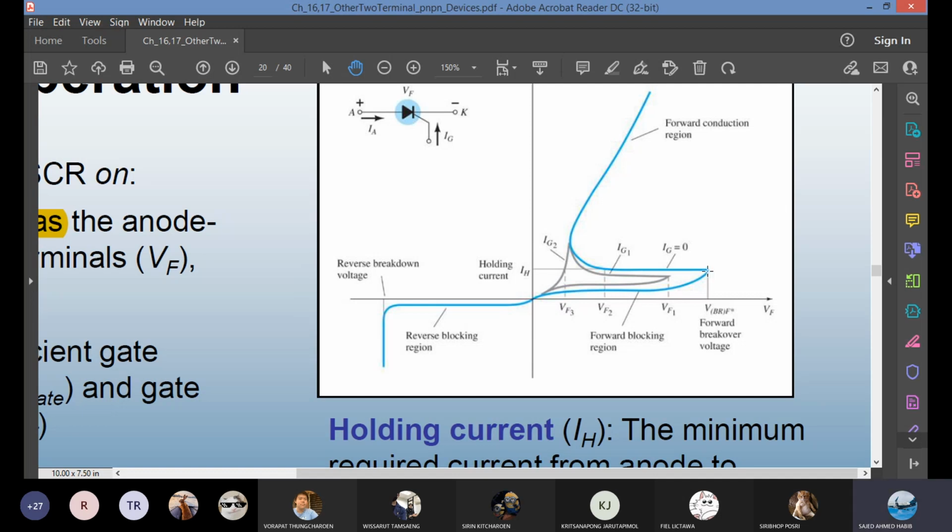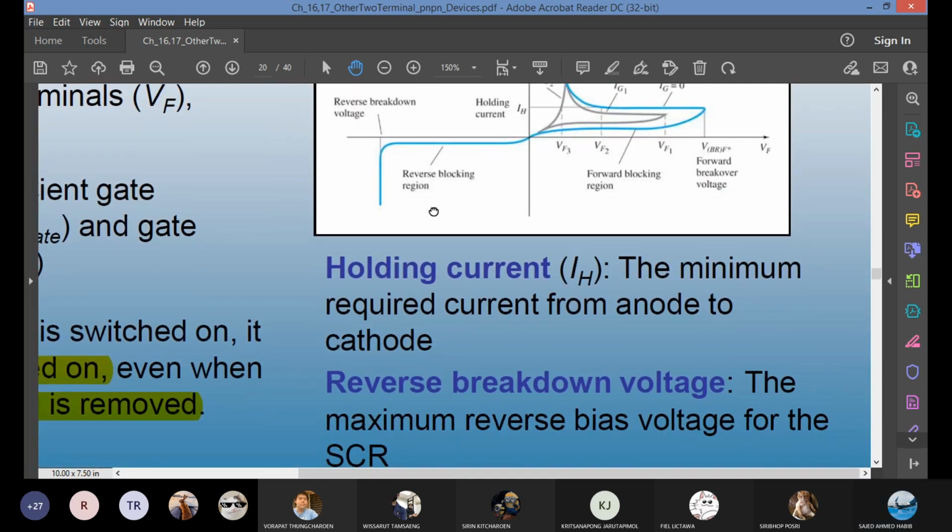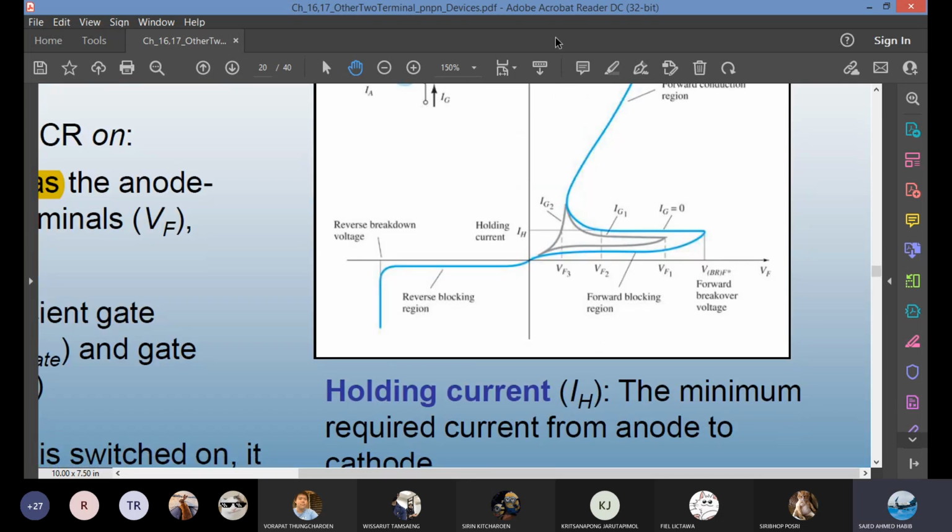Once you pass the forward breakover voltage, the forward blocking region stops and the forward conduction region happens, then you have a regular current. And in the reverse bias region, you have a small reverse current, just like the diode, and you have a reverse breakdown, PIV, peak inverse voltage, where it will break down if you apply more. So what happens about the VBR?